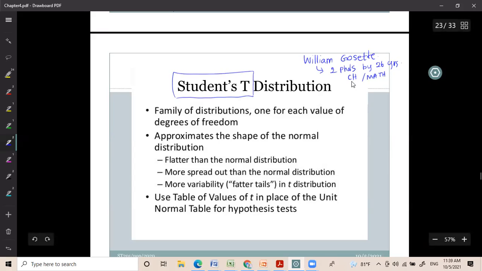Now this William Gossett was a chemist in a brewing company called Guinness Brewers, a brewing company where you make beer and wine. In this company, William Gossett was the chief chemist. He was doing experiments with beer samples, wine samples, and so on. But in these experiments, the sample sizes were very small.